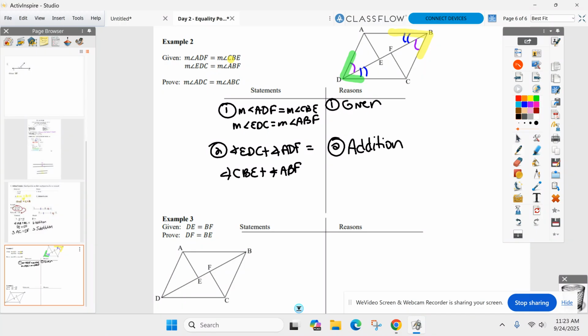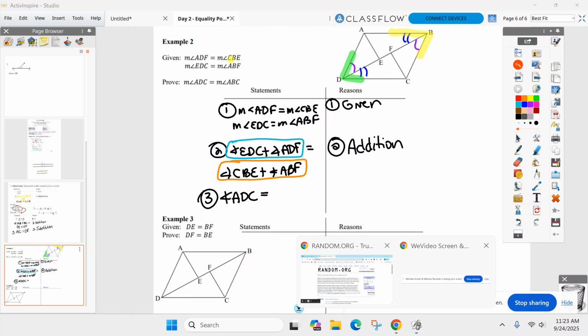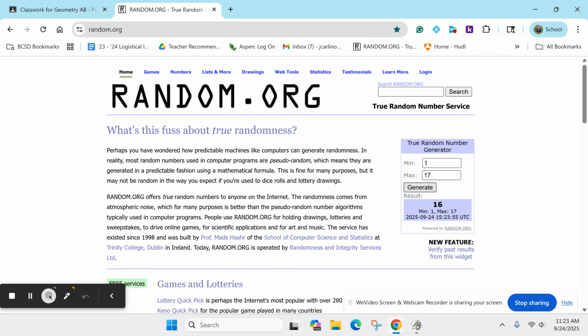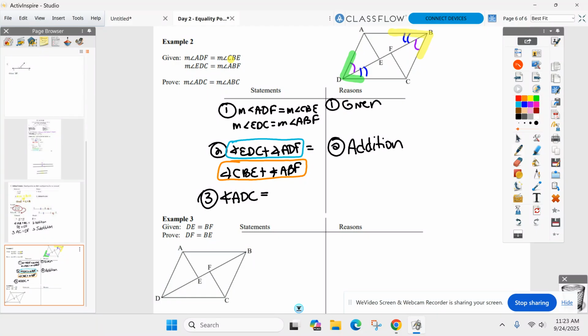That's not my proof statement, so we are not done. But what happens? Give me another name for those two angles added together. Sully, give me another name. Angle ADC. Yep, angle ADC. So I'm going to replace it with ADC. And that's going to be equal to, give me another name for these two angles added together. Michael?